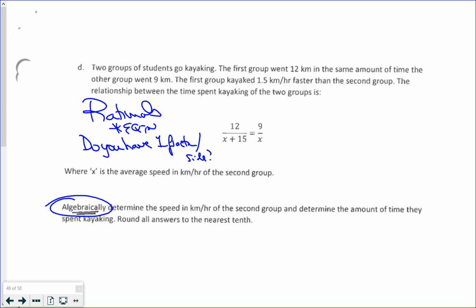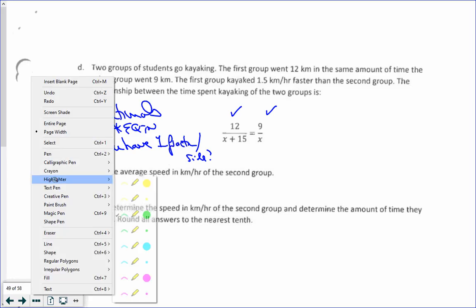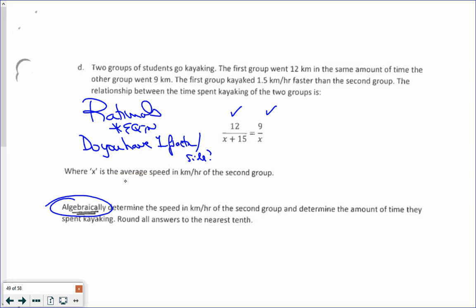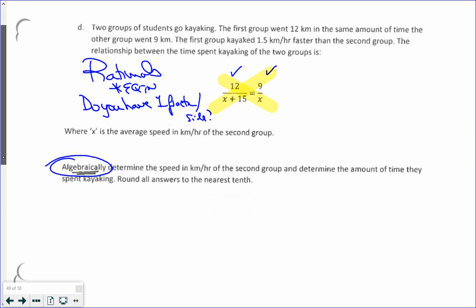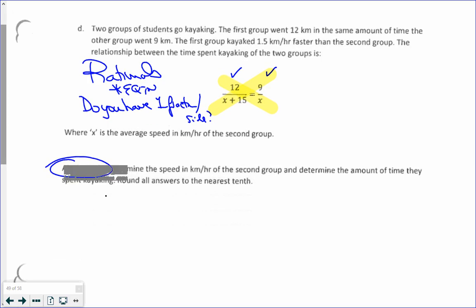It was a process. This one though, you've got one fraction on each side. So all we have to do when you get the question that has one fraction on each side is cross multiply. That's it. So we're going to go 12 times x, 9 times x, 9 times 15.